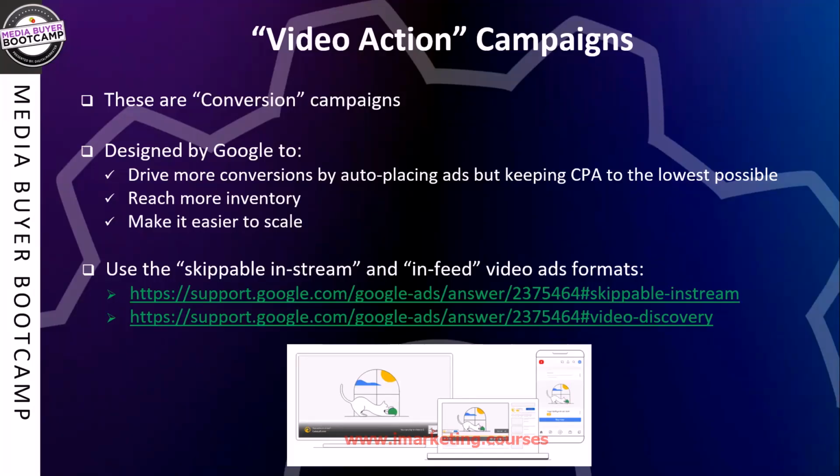I guarantee you those campaigns will die on you. So it's important to get campaigns up and running in the new format, what they call video action campaigns. There are a couple of links there so you can see, but essentially the auto placements mean mobiles, TVs, that sort of thing, and desktops as well.